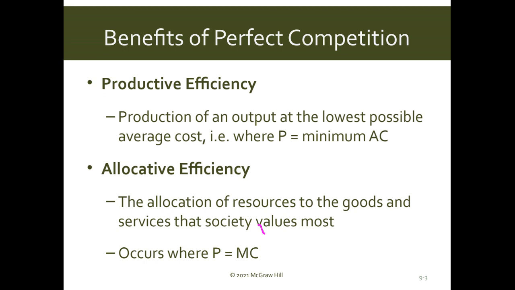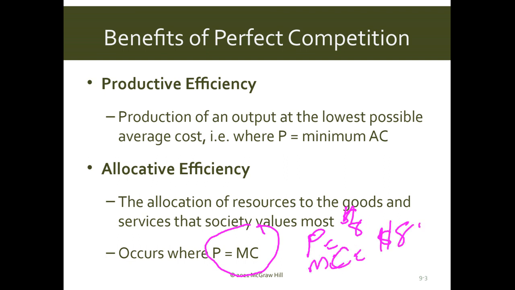So for example, if price is equal to $8 and marginal cost is also equal to $8, it means that we are allocating resources efficiently. Why? Because the cost of using that resource is $8, and people are also valuing that product equal to $8. So there's no misallocation of resources.